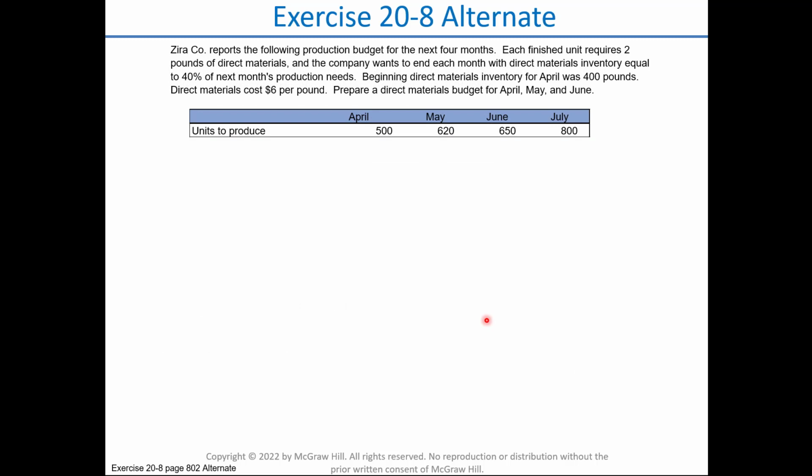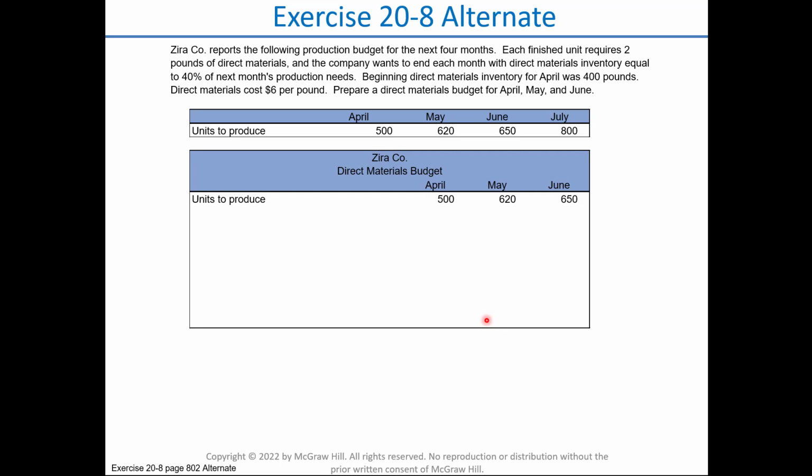Now we're looking at exercise 20-8, alternate. Here also we're going to look at a direct materials budget. This says that each finished unit requires 2 pounds of direct materials, and they want to end each month with direct materials equal to 40% of the next month's production needs.